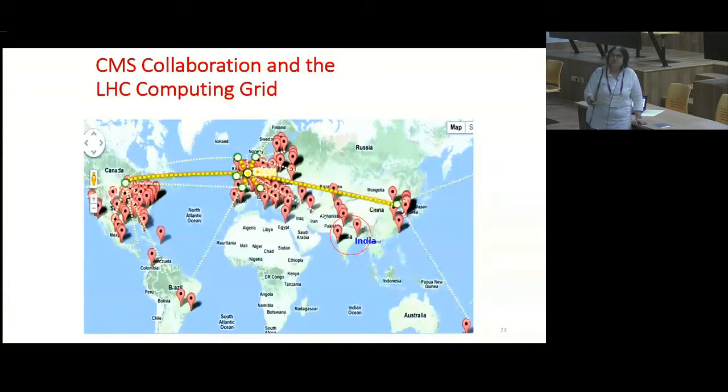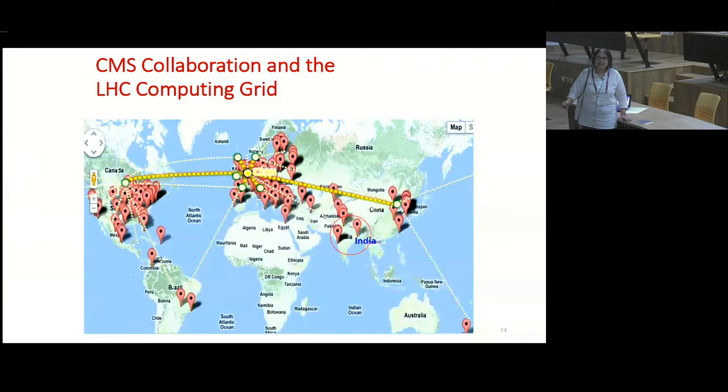I just wanted to show this picture to tell you that this is a picture of the LHC computing grid. This analysis that we have done till now, and what we are doing in future, would not have been possible without this grid system, which is very new to the world. Now people are slowly adopting it, but it was done first for the LHC experiments. You see 2 points here in India.